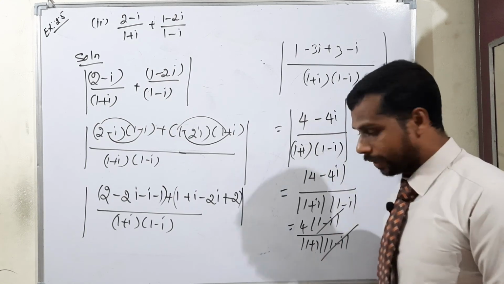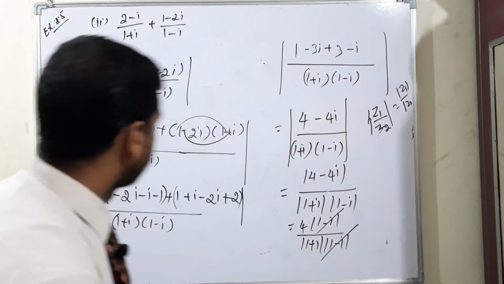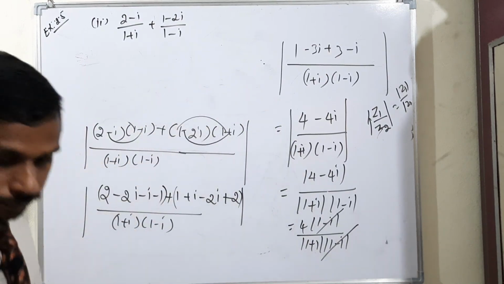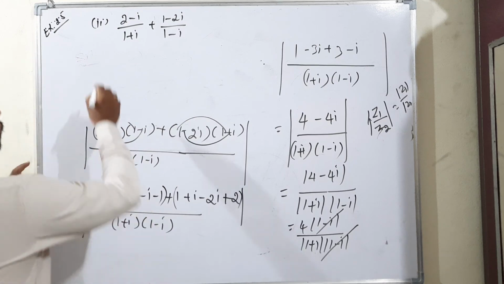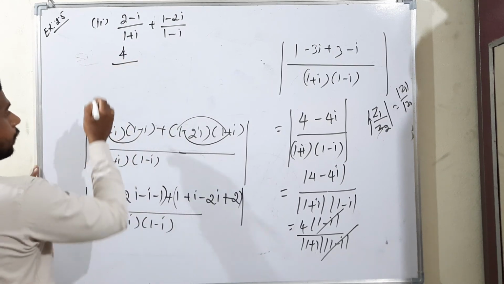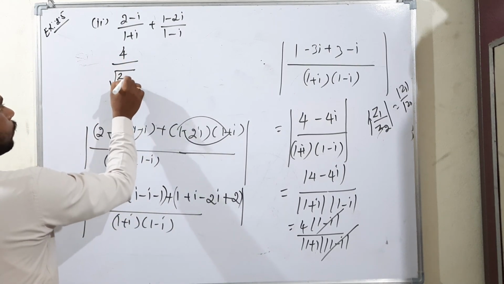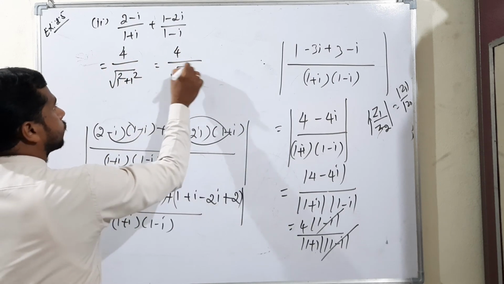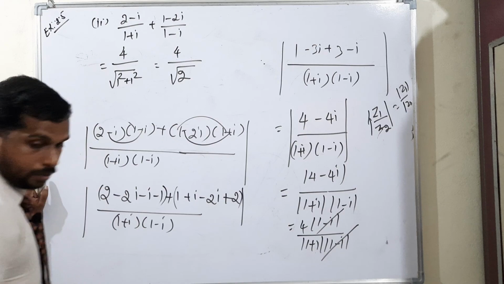Again the modulus of (1 minus i) in numerator cancels, so 4 divided by, if you remove the modulus, square root of 1 square and 1 square. So definitely 4 divided by square root of 2 will come, isn't it?